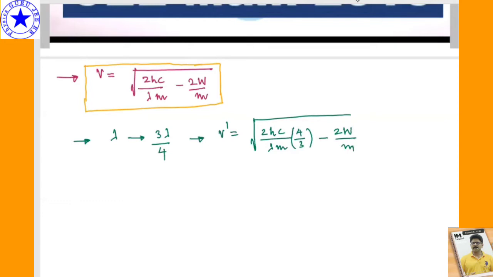Let me take the previous one as equation 1 and this as equation 2.